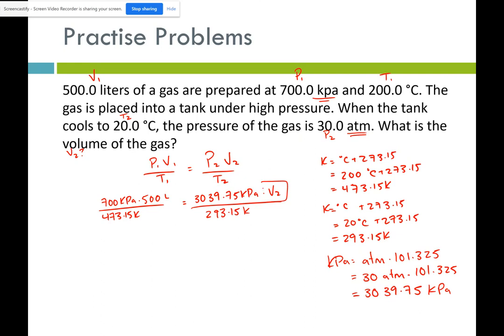Okay, so to get V2 by itself, I'm going to multiply both sides by 293.15 Kelvin. Get rid of this unit. Okay, and I'm going to divide by 3039.75 kilopascals.